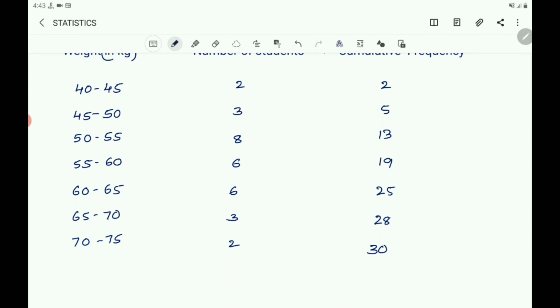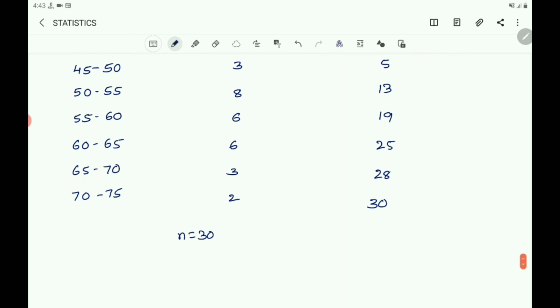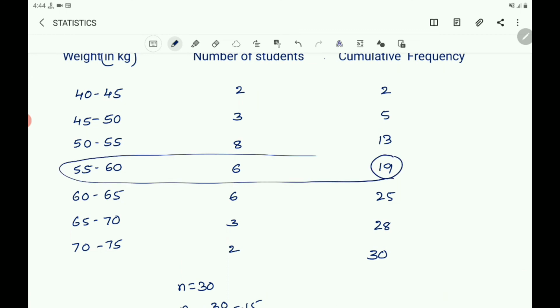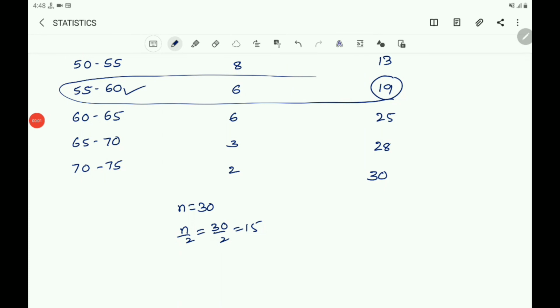Now here n equals 30 and you find n by 2 to find the median class. n by 2 is 30 by 2 equals 15. So the greater cumulative frequency nearest is 19. So you take this one. Then you write 19 is nearer greater to 15.